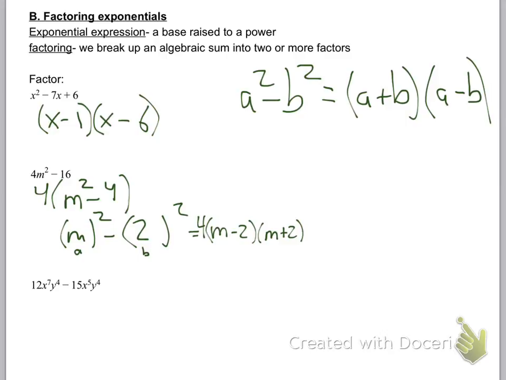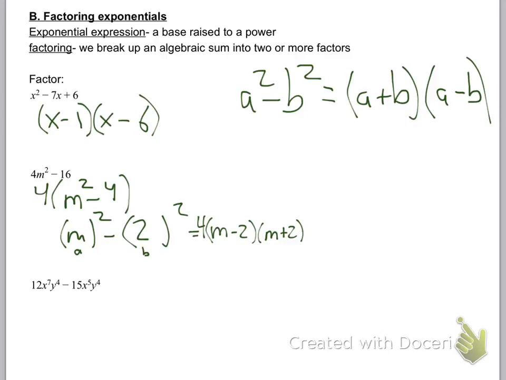That last one down there, it's a little small on the screen for you guys. It's 12, x to the 7, y to the 4th, minus 15, x to the 5th, y to the 4th. Is it a perfect square minus a perfect square? Is 12 a perfect square? No. Is 15?